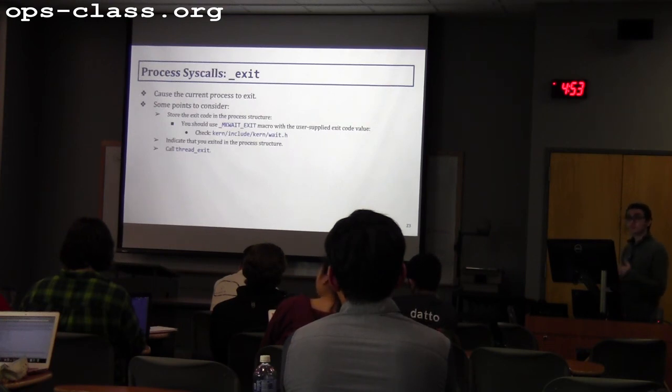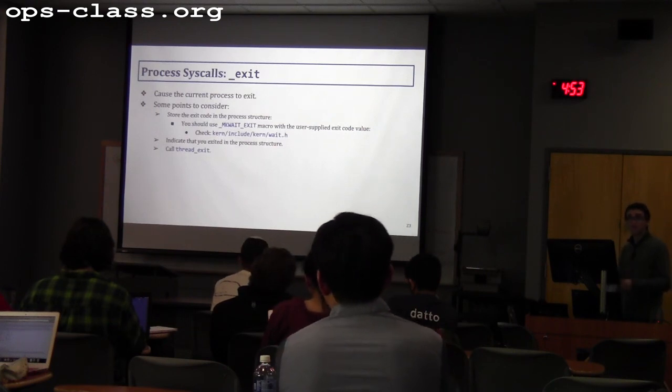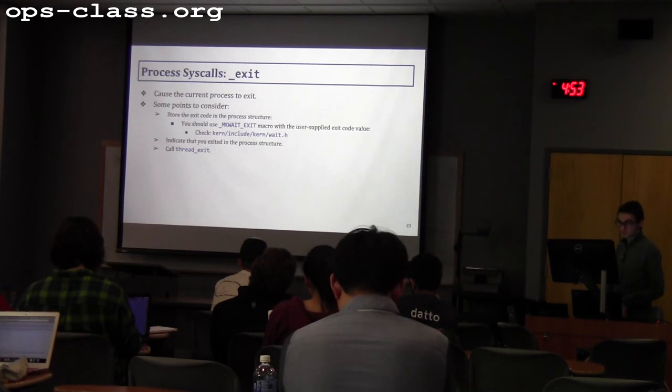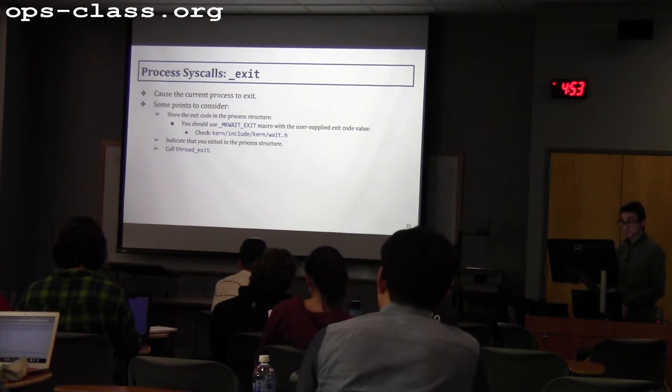Why? Because you might have some other status that should be appended to that exit code, and this macro will handle this. It will take the exit code, append it, and return the exit status to you.